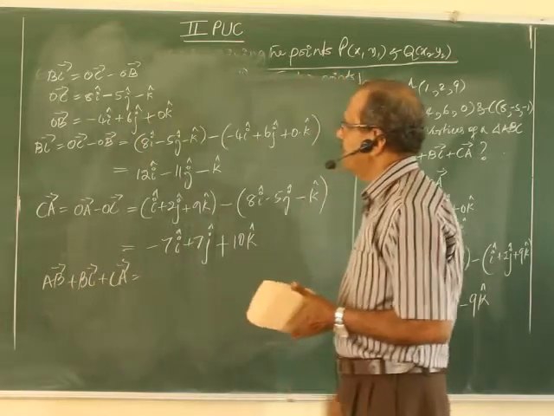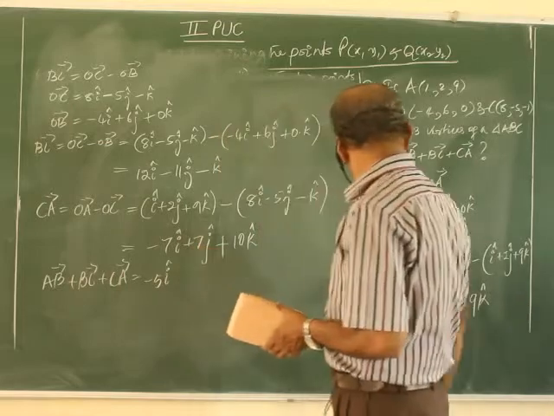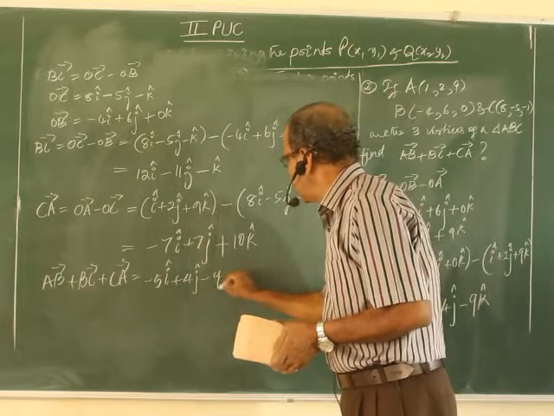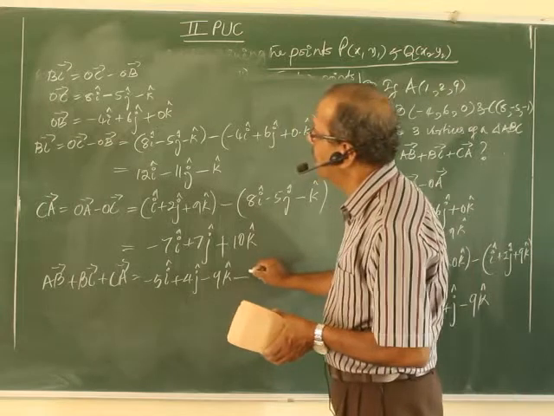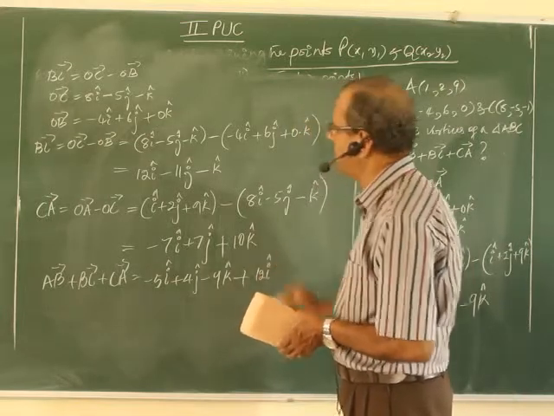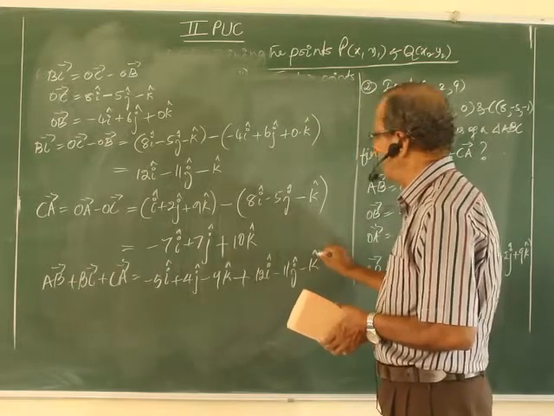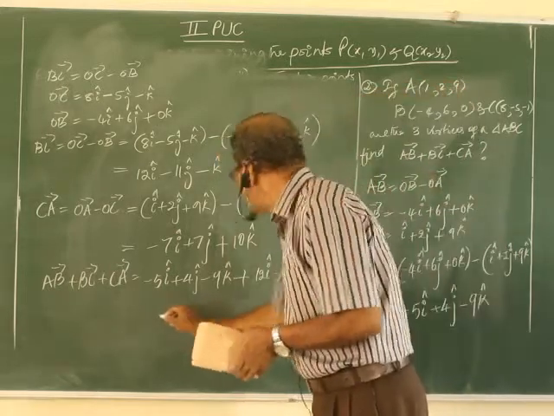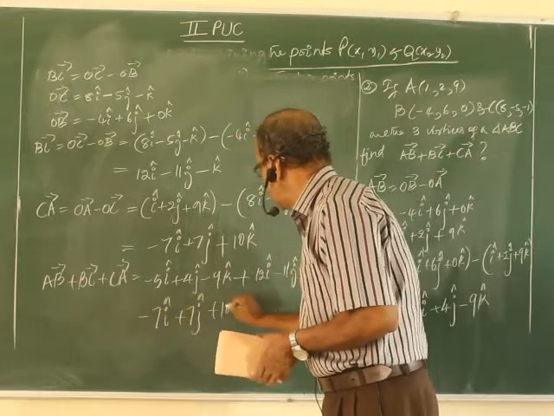AB is minus 5i plus 4j minus 9k, BC is 12i minus 11j minus k, CA is minus 7i plus 7j plus 10k.